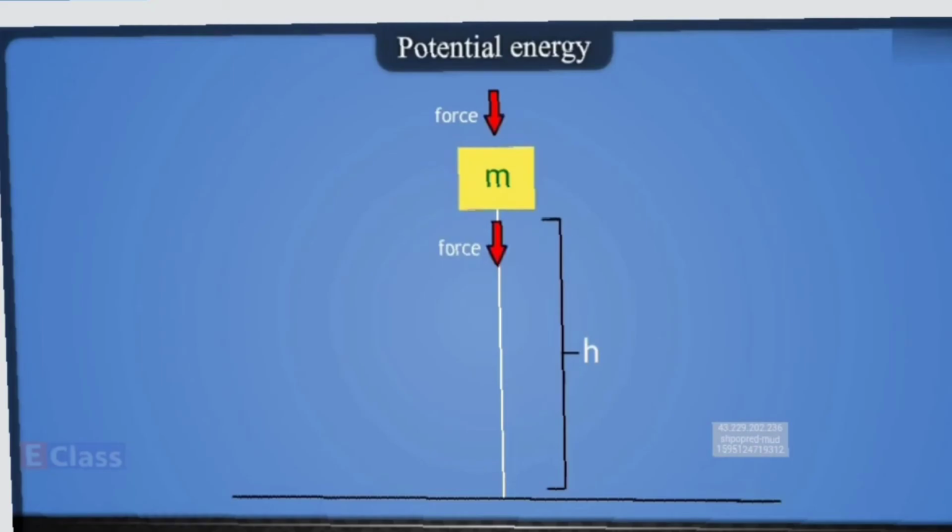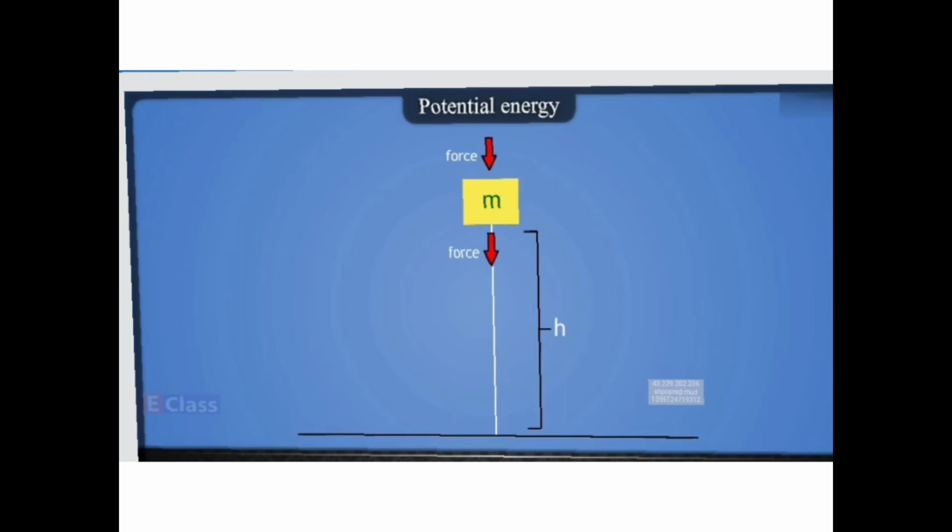For this, we are now going to derive the expression for the potential energy. To carry an object of mass m to a height h above the surface of the earth, a force equal to mg is required. The mass m is taken to the height h. So the force acting on the object is mg and the displacement is h.